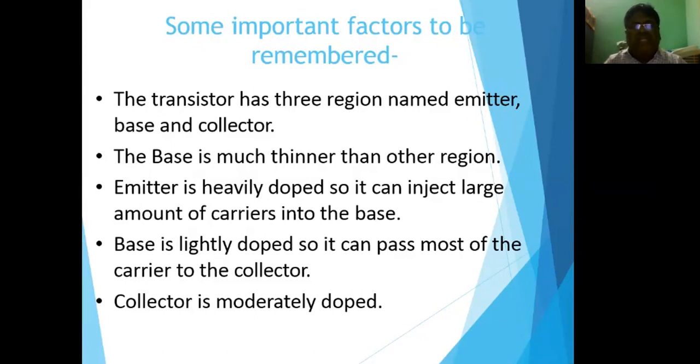The base is lightly doped, so it can pass most of the carriers to the collector. The emitter is heavily doped, the base is lightly doped, and the collector is moderately doped. Please remember, this is very, very important.